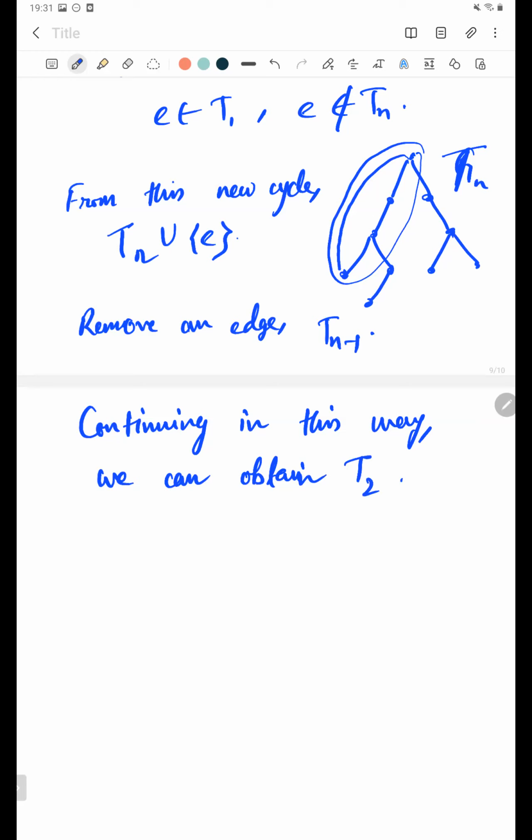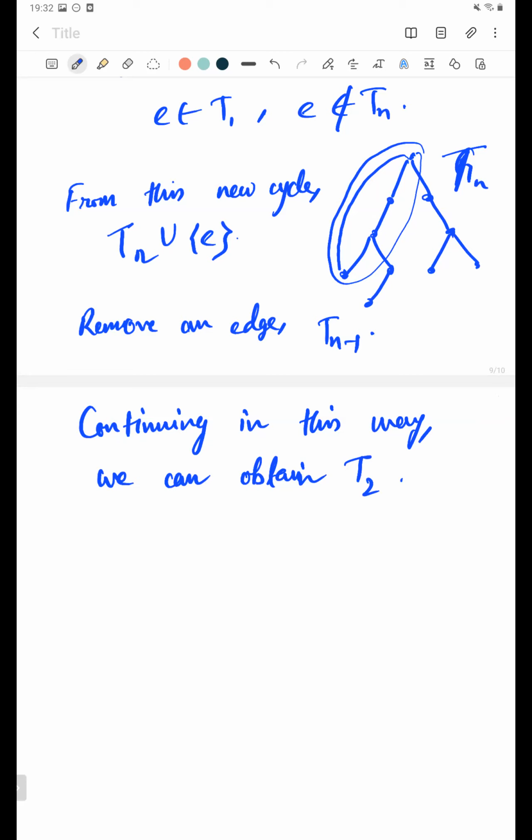So as we can see, all the spanning trees that are obtained are neighbors of each other. So we have a path from T1 to T2 in G prime. And as the number of edges that are different in T1 is equal to the number of edges that are different in T2 from T1, there won't be any clash.